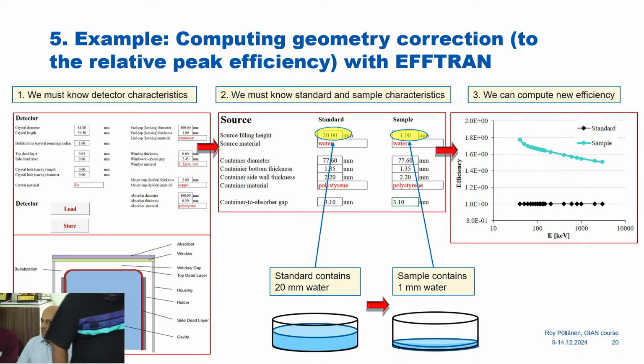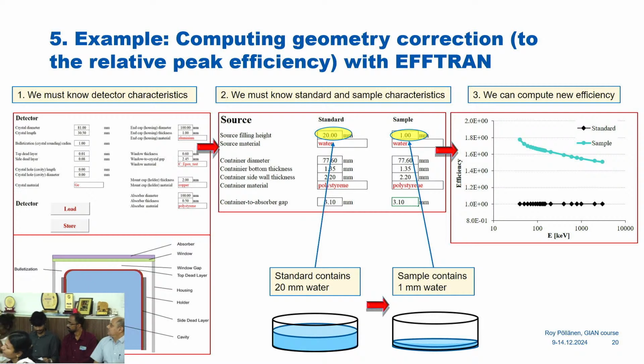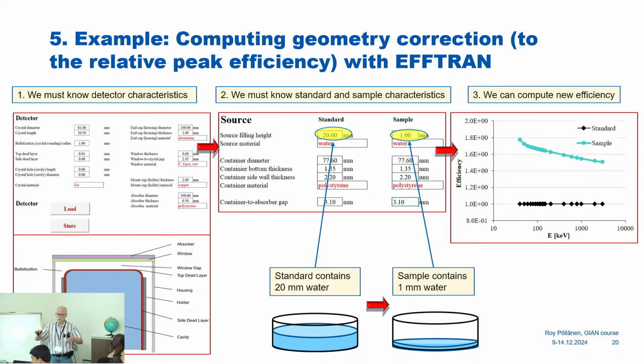But please note that there are several other programs that can calculate efficiency transfer, or full Monte Carlo codes. In the case of full Monte Carlo software, the point is that you have to know very precisely the characteristics of your detectors.